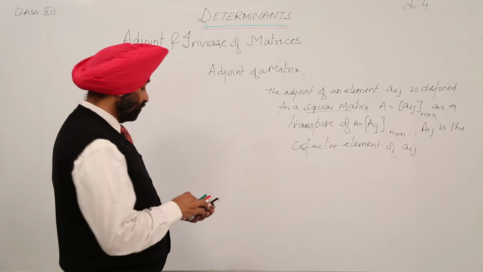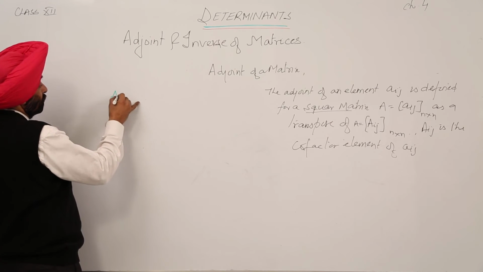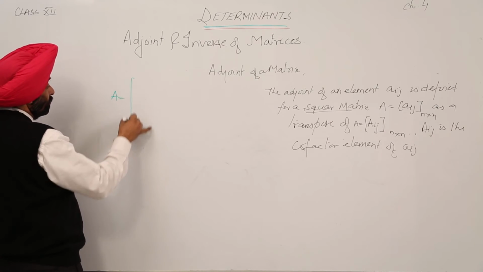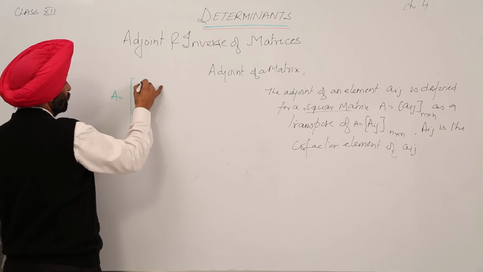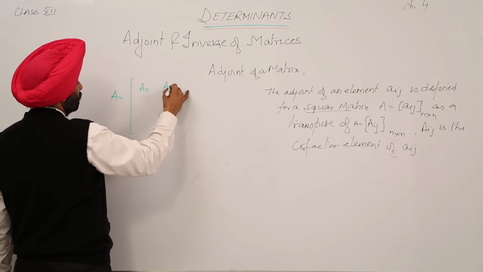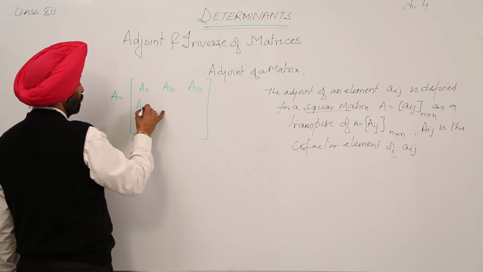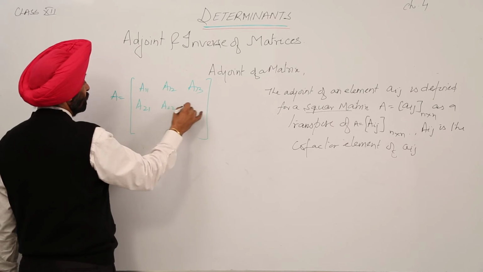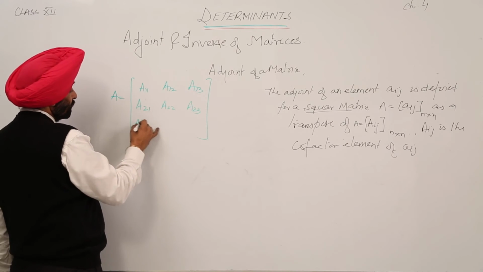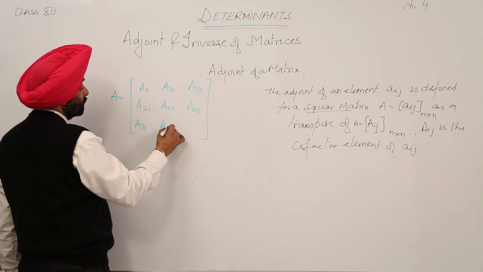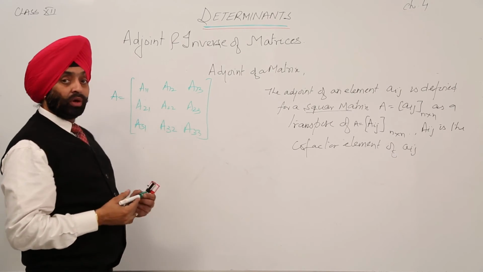Now suppose we have A equal to, after finding the cofactors, A11, A12, A13, A21, A22, A23, A31, A32, A33. Now what is the adjoint?